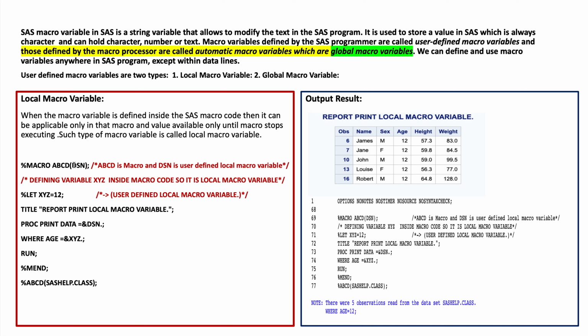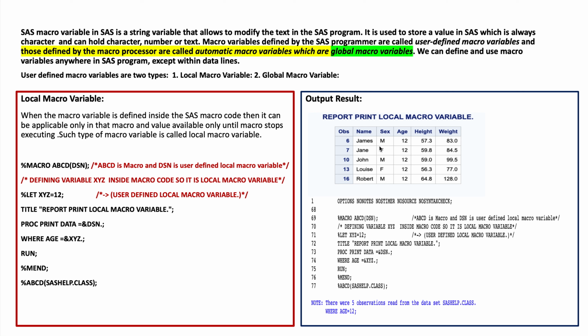When we run the first set of the code, we get the result shown on the right side. The title is 'report print local macro variable', and from this table it is clear that the age variable contains only age 12. That means local macro variable XYZ has resolved.